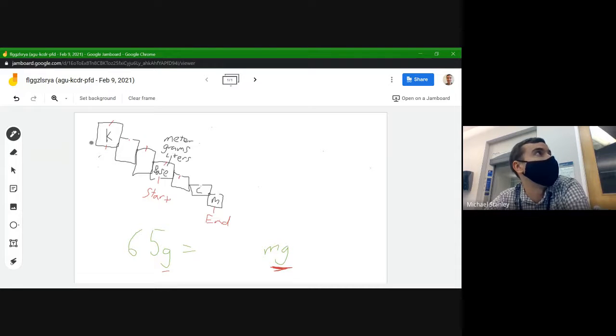The K would be for kilograms or kilometers. The C would be for centimeters. And the M would be for milligrams or milliliters or millimeters. So anything that starts with milli is going to be the M. Anything that starts with centi is going to be the C. Anything that starts with kilo is going to be the K. And all the ones that don't have that special starting prefix are our base units.